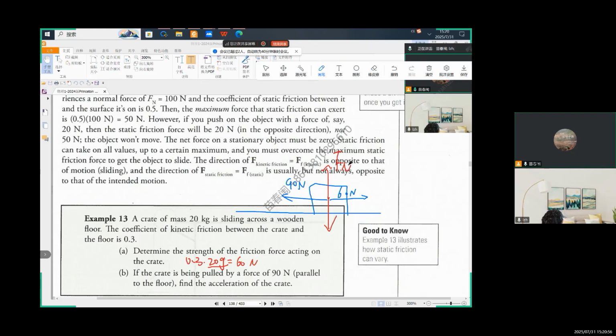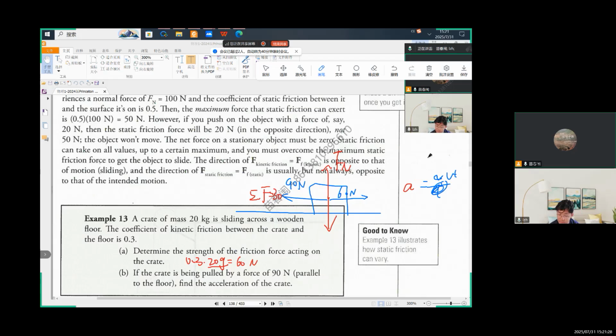So 90 minus 60, right? So what's the acceleration then? 30 Newton is the net force. What's the acceleration? I want a, I don't want sigma F. Sigma F is 30. What's a? Acceleration equals velocity over time?